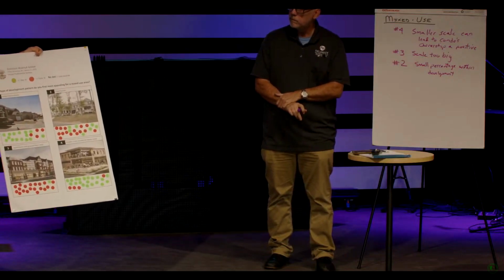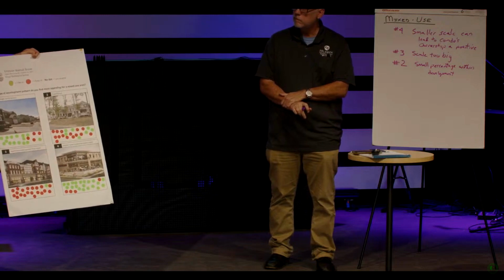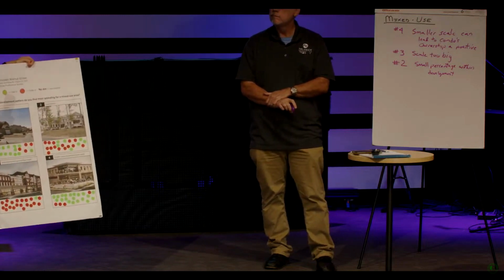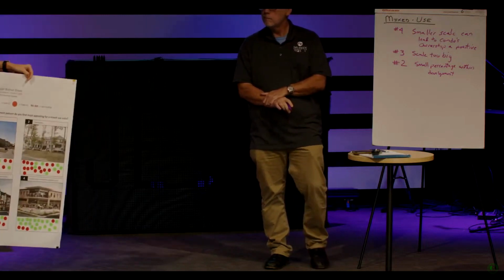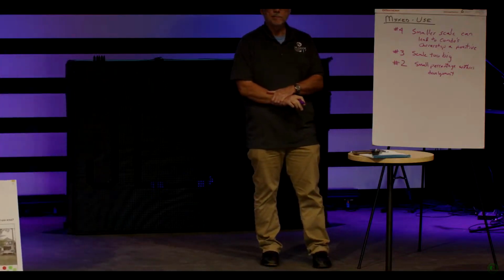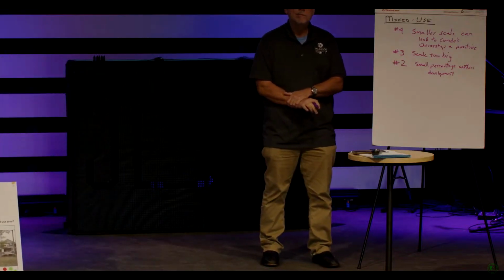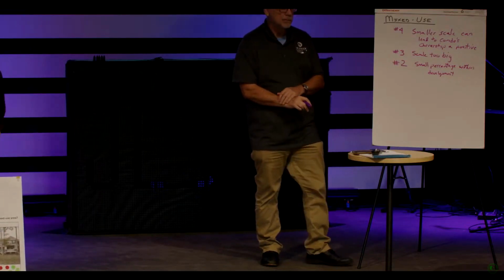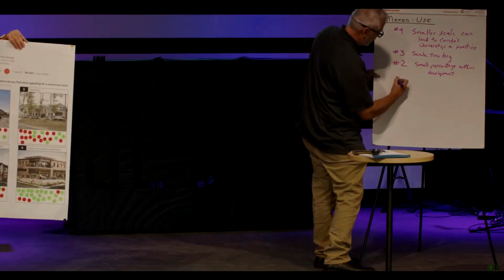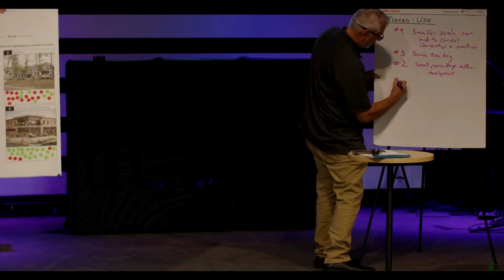Well, I was asking specifically about this one. Smaller scale residential above retail. Most people put green on here. If anybody who put red here would be interested in sharing why they put red. Let me turn that around. Somebody put green here. Explain to me why they put green.